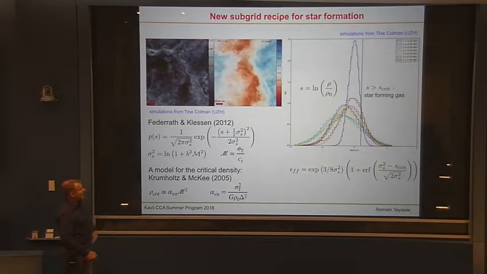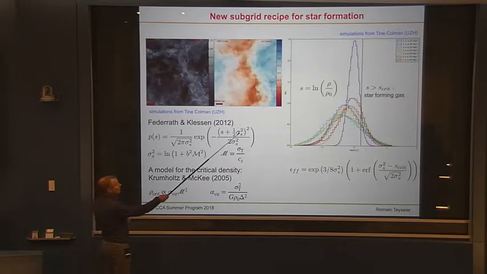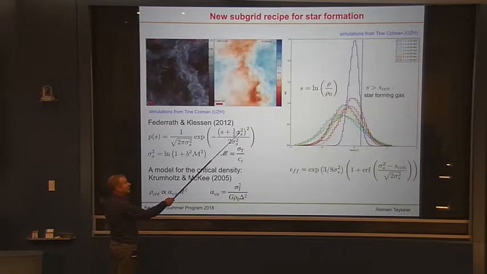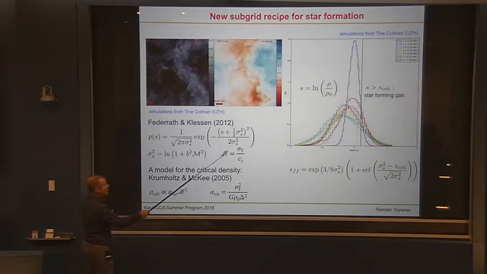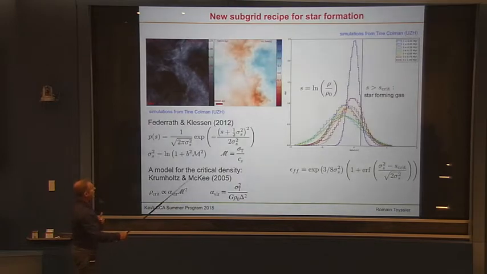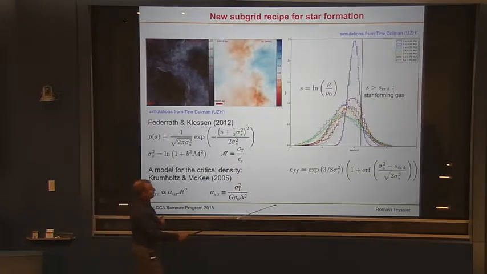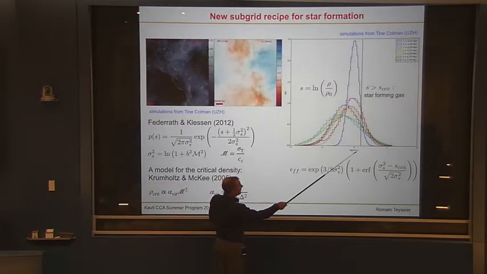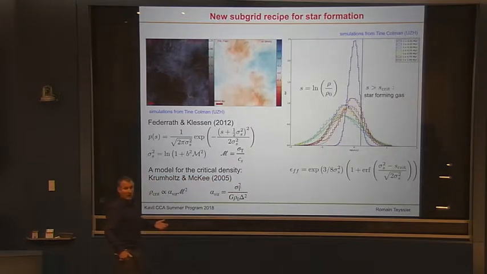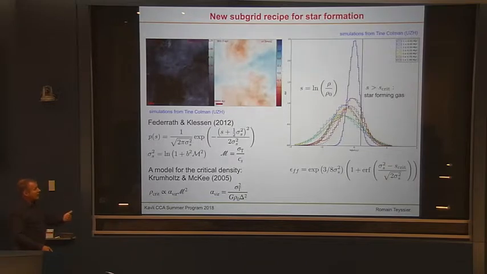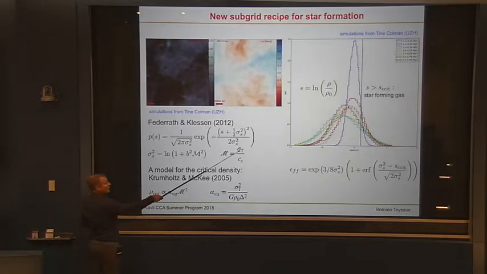And so if you know the turbulence in your cell from the previous equations, you can derive the Mach number. You can also compute the mean density in the cell, rho naught, that comes here. Right? And then you know everything. And you can derive the star formation efficiency in your cell, knowing your turbulence velocity dispersion.